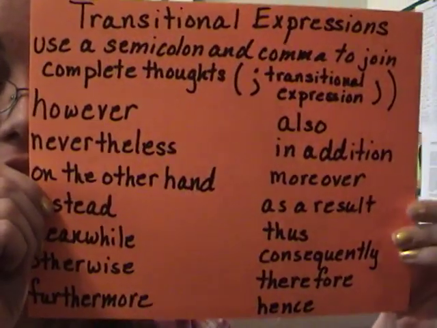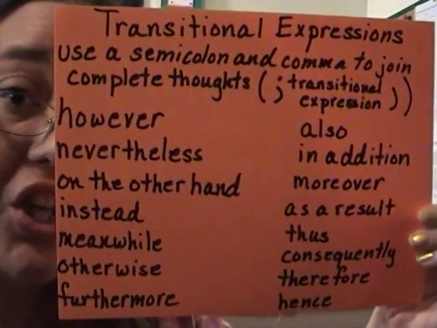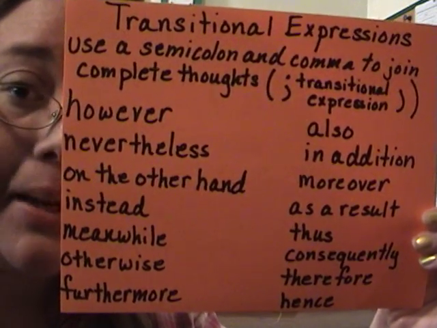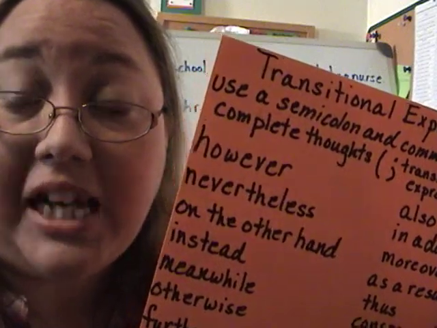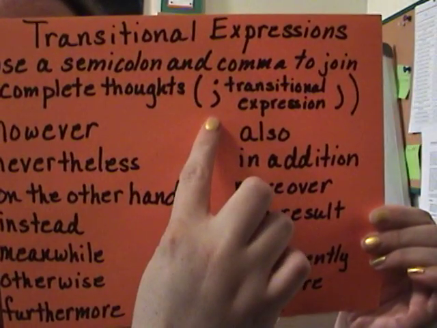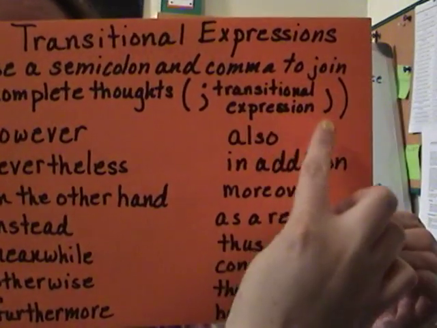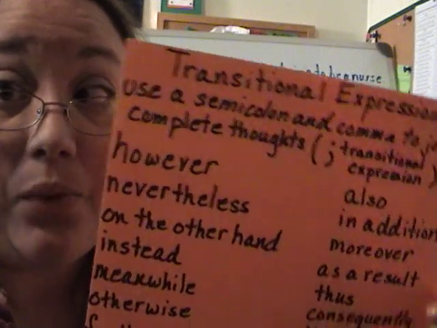The thing about transitional expressions is this right here. When you are using transitional expressions to combine ideas together, you have to punctuate them in a very specific way. It's always going to be semicolon, your expression, comma. Now that may have been something that you've never seen before.